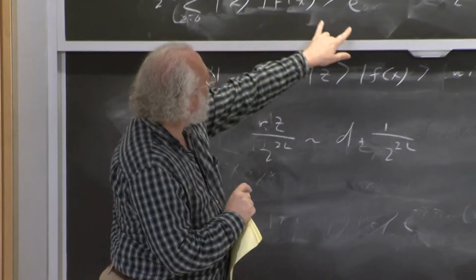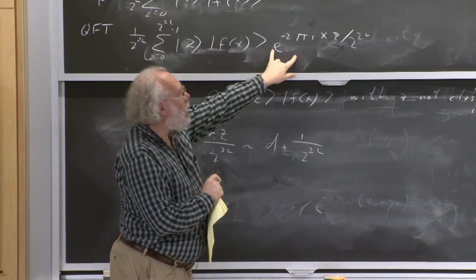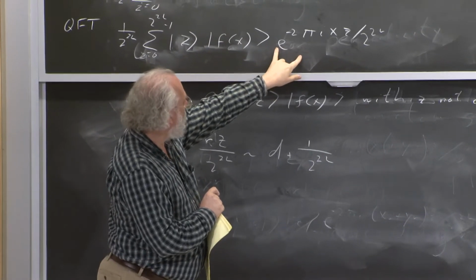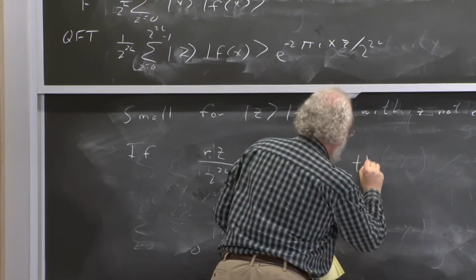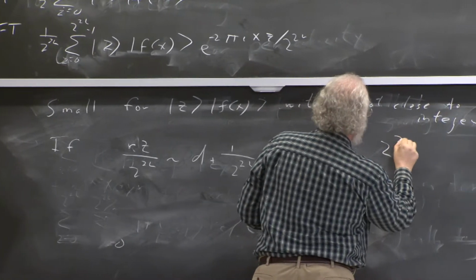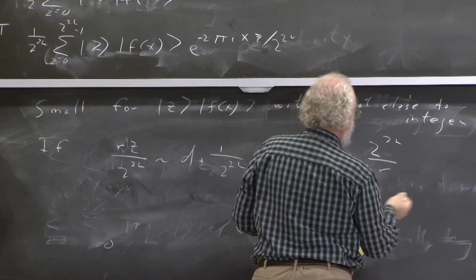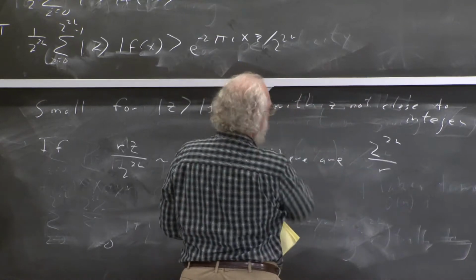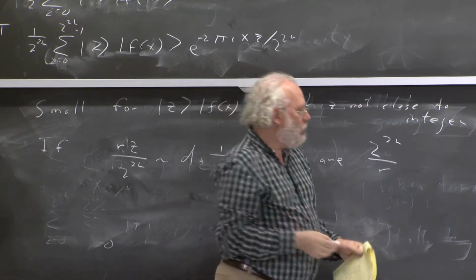Well, this thing, there are roughly r copies of, there are 2 to the 2L over r elements in the sum.